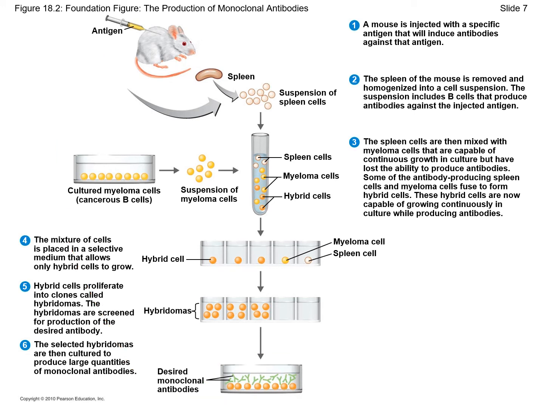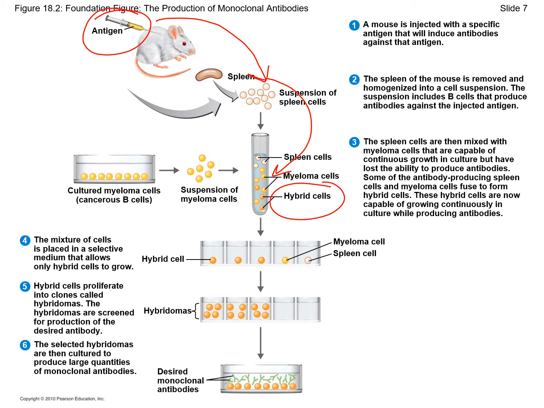So to produce monoclonal antibodies, you have to have the protein, the antigen that you want to identify. You inject that antigen into the mouse. The mouse generates antibody-producing B cells. You mix those B cells with cancerous cells to form hybrid cells.